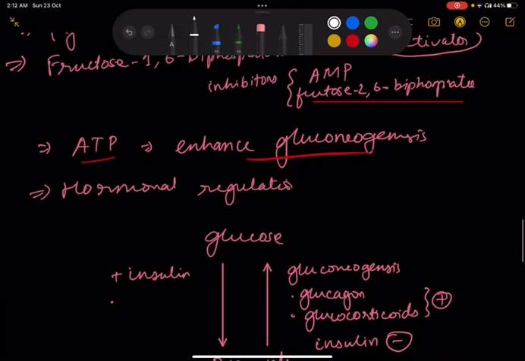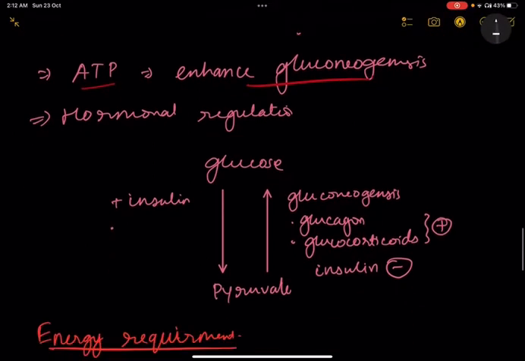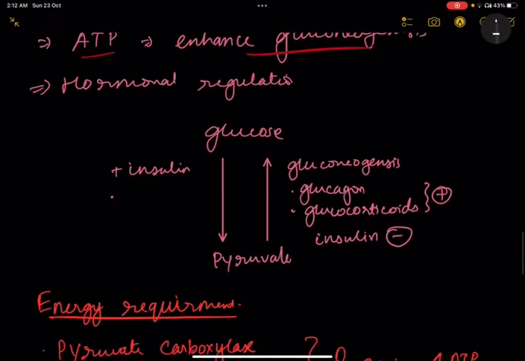Then hormonal regulation. As we know, insulin decreases our blood glucose level. So if we have to convert glucose into pyruvate, insulin will give a positive effect because its role is to decrease blood glucose level.